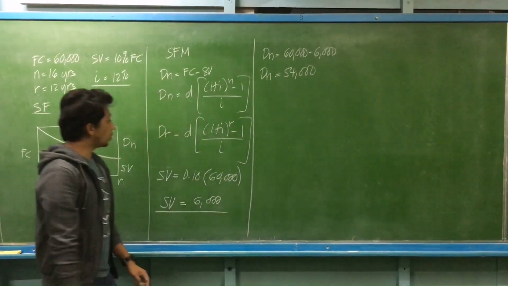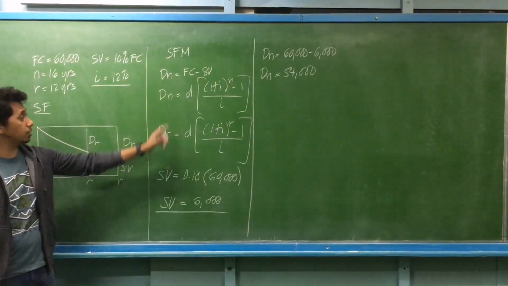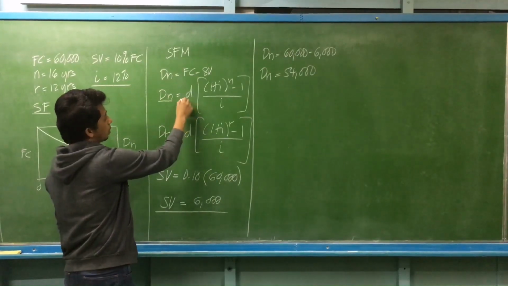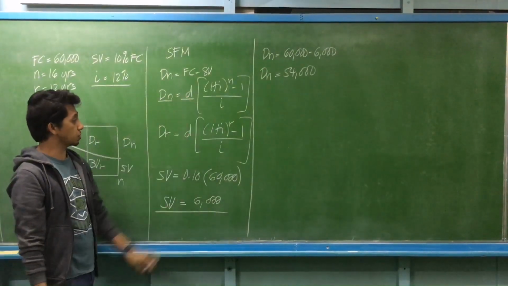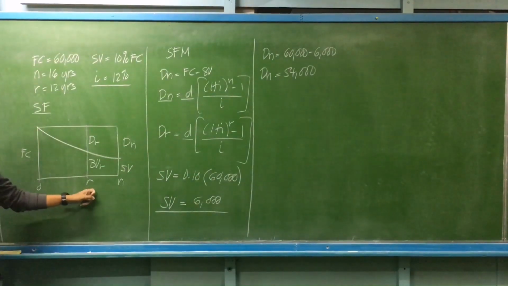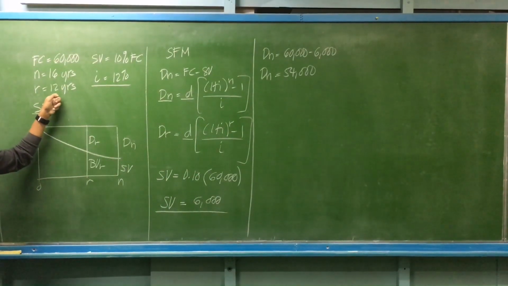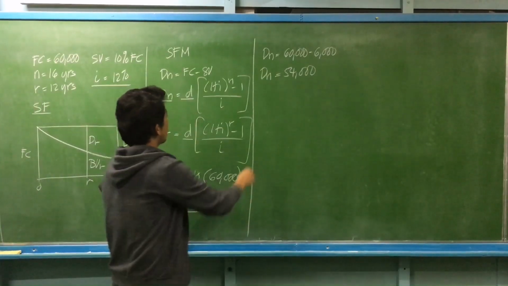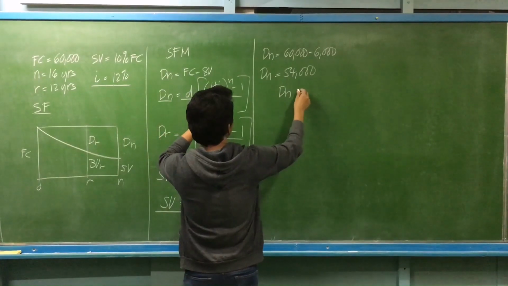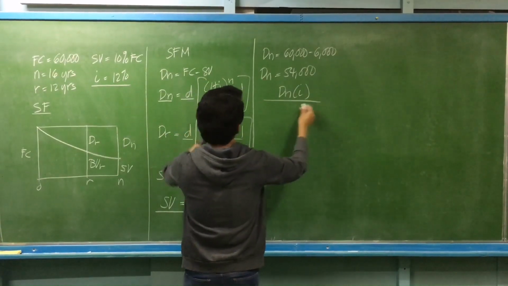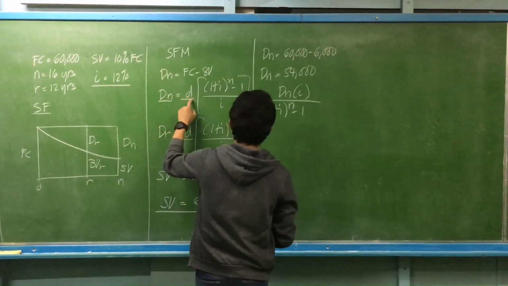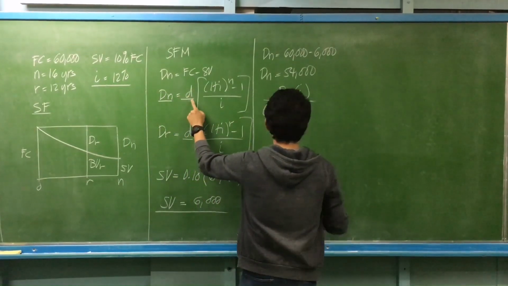Okay, kung mapapansin nyo, ano ba yung common dito? Ano lang ba nagkaiba? D sub n and D sub r. Common is D. So, kapag may D sub n ka, makuha mo yung annual depreciation, isa-substitute natin dito para makuha yung accumulated depreciation at r is equal to 12 years. So, pwede natin gawin na yung equation na to, that is the same as D sub n times I divided by 1 plus I raised to n minus 1, supposedly equal to D, or the annual depreciation.